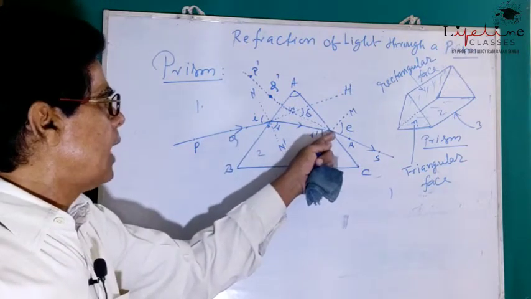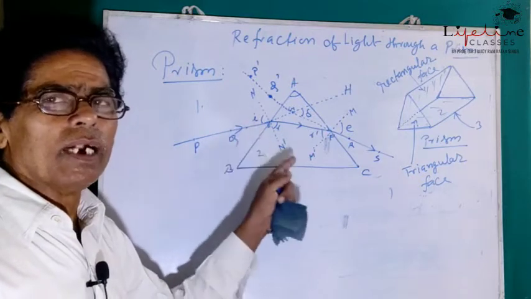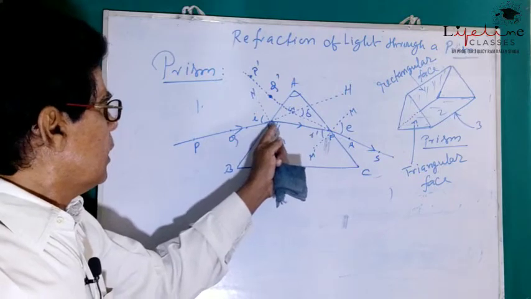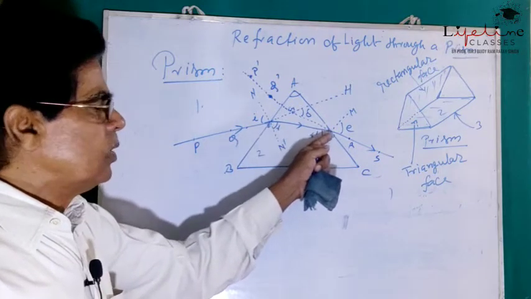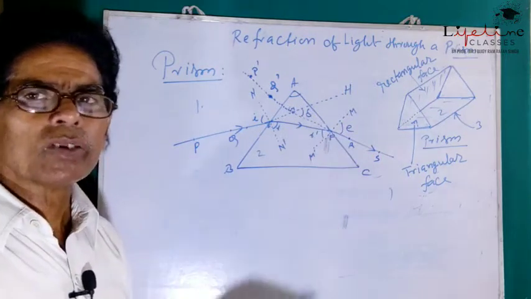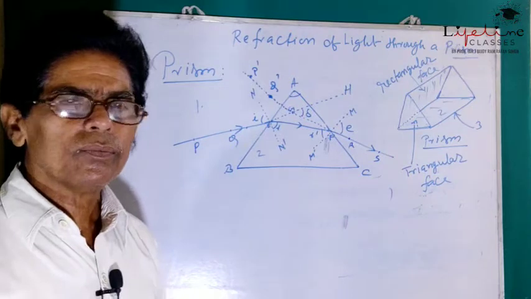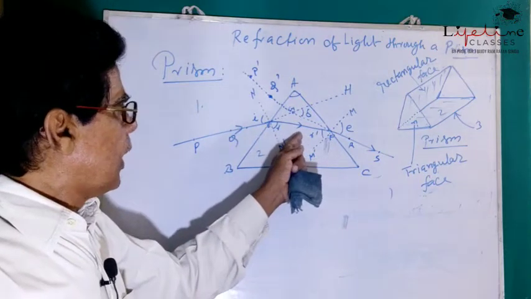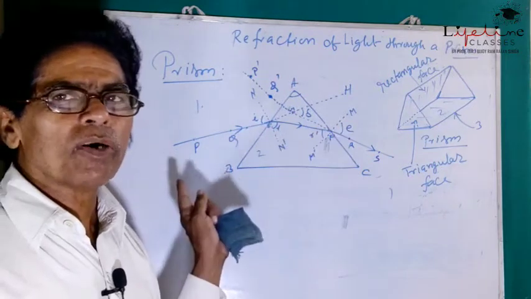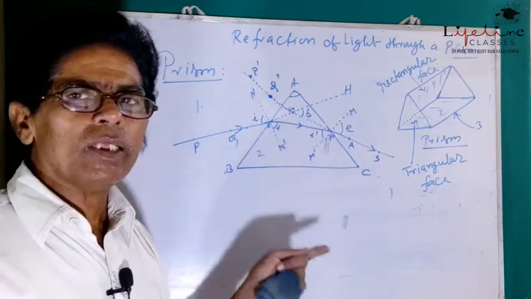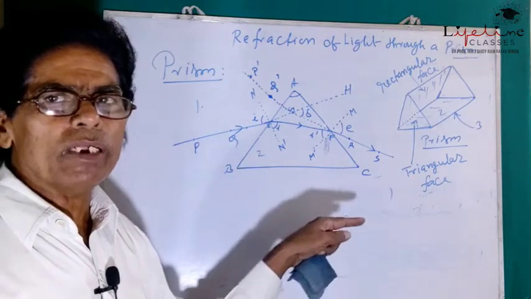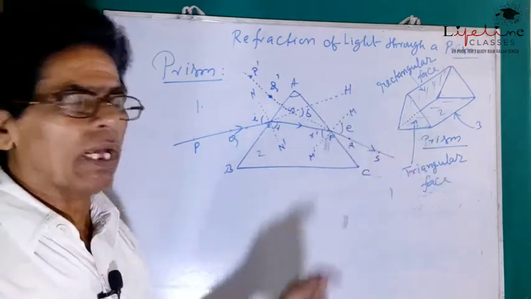Now the second refraction takes place at point F, where EF is the incident ray and FS is the emergent ray. Here the ray passes from the denser medium to the rarer. At the first place there is refraction from rarer medium to denser medium, and here denser to rarer.